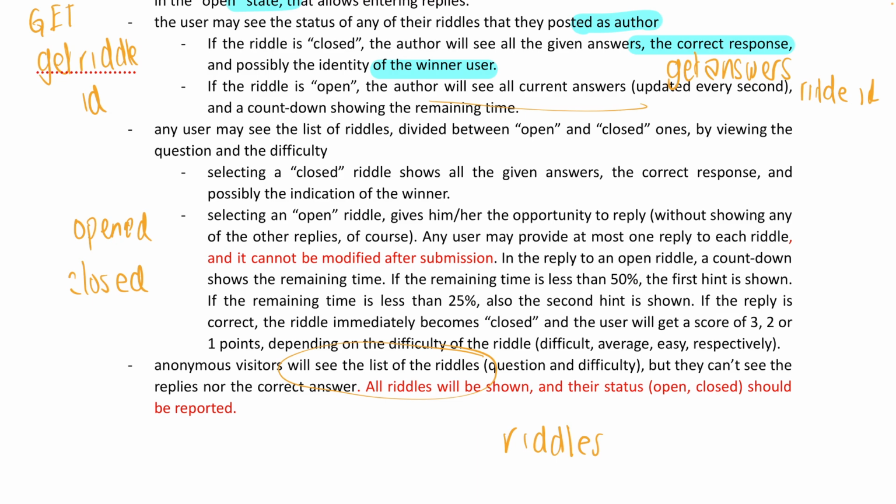Okay, so the answer should be on the React application? No, getting an answer from the riddle should be a different endpoint that you are sure you will be invoking just if the user is authenticated or just if the user at that point of the game or the application has the permission to get the answer.